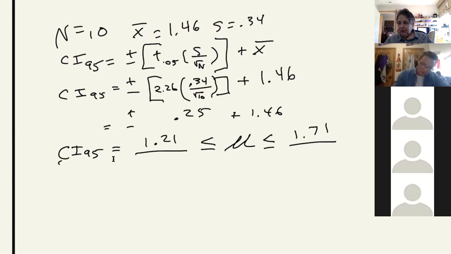So it's a range instead of an exact number. Let's see what happens when we want to be 99% sure. So change the t to t of 0.01 and everything else stays the same.